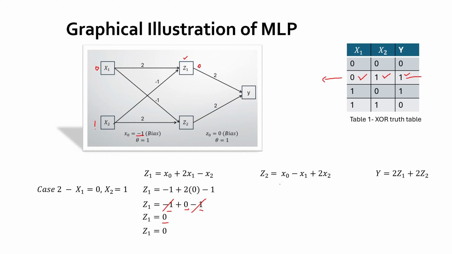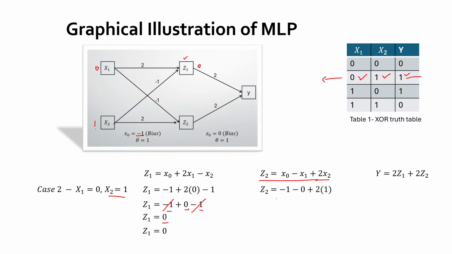And similarly at the node z2, the weighted summation will be calculated as x0 minus x1 plus 2 of x2, where x0 is the constant with a value of -1, which is the bias, and x1 has a value of 0, which is substituted here, plus 2 of x2, the second input, having a value of 1.